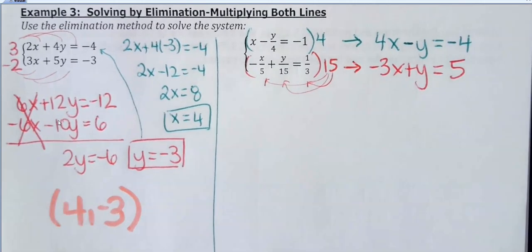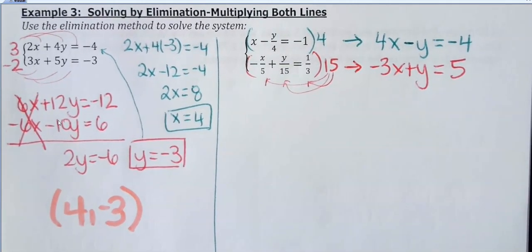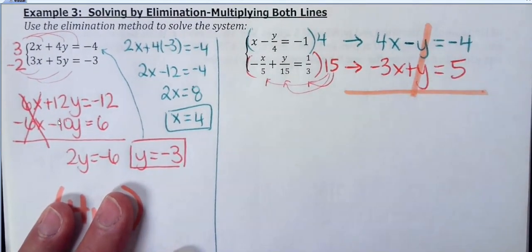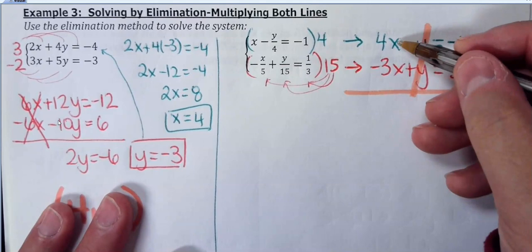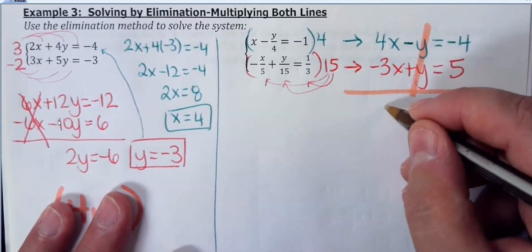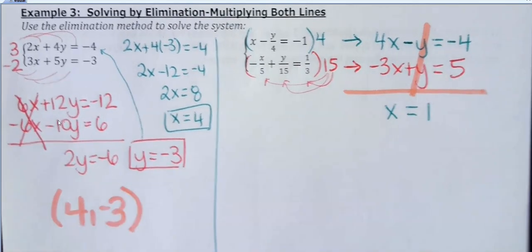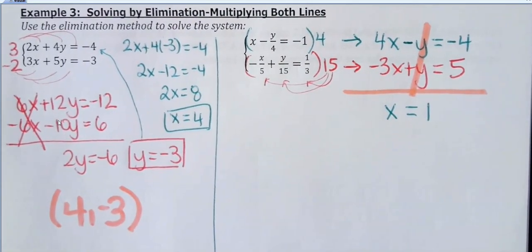Okay, now, this is super nice for us because after we did that, do you guys notice the y's are already opposites in what we just created? So we can just eliminate right then and there, just gone. And the other part, when we add this together, 4x plus a negative 3x will just be x, and then -4 plus 5 will be 1. So that looked really garbagey, but by getting rid of the fractions, it made it not bad at all.